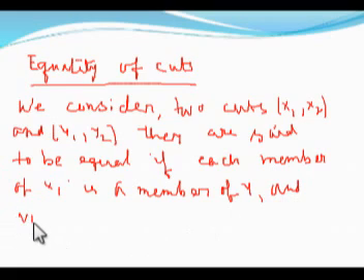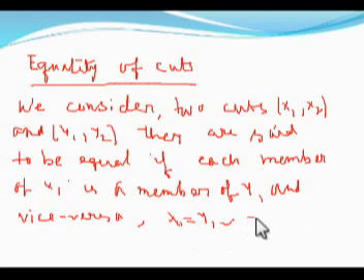So in another term you can say that x1 is equal to y1. If this happens, this implies that also x2 is equal to y2. So every member of x2 must be equal to y2. Then we say that these two cards are equal.